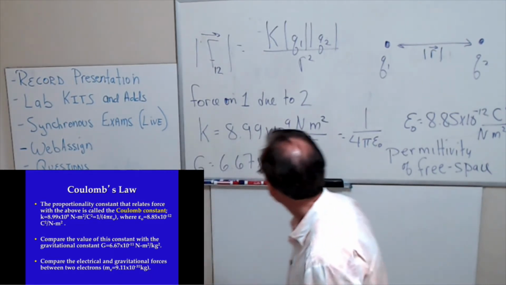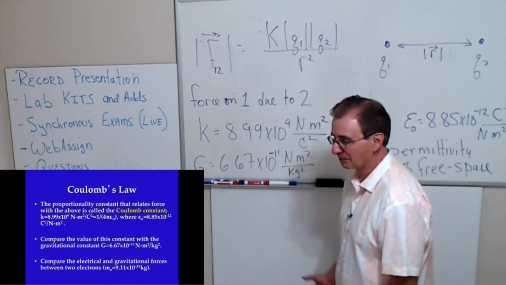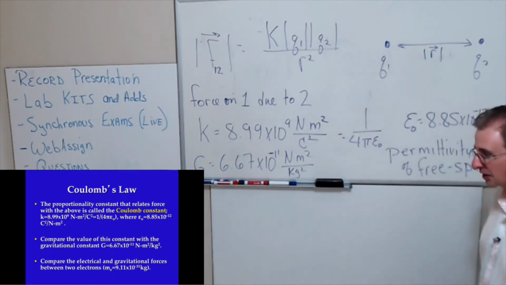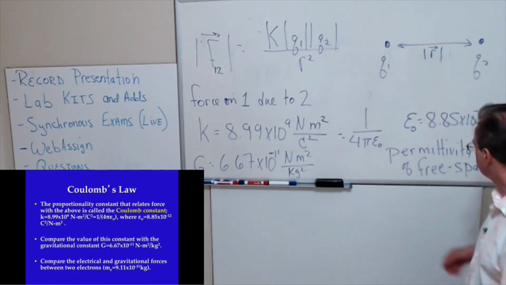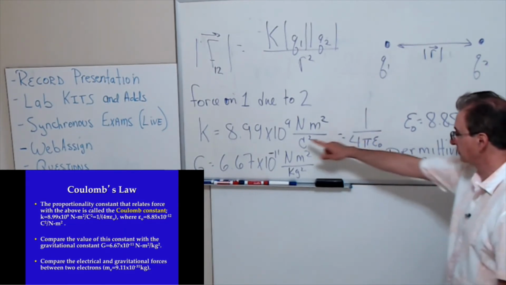Yes, you're right, Coulomb's law as written assumes a vacuum. We're pretty much always going to be working in a vacuum. If we're not, we're basically going to multiply this by kappa, which makes this number smaller.